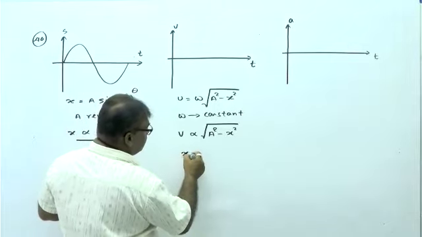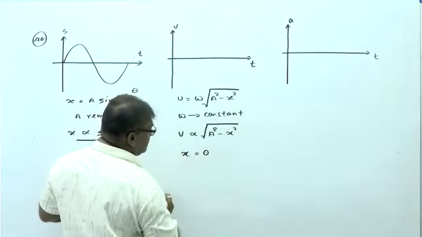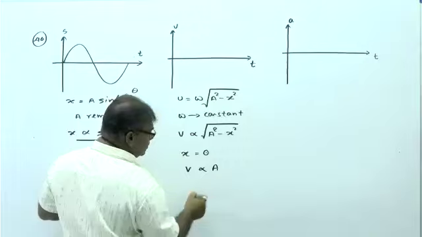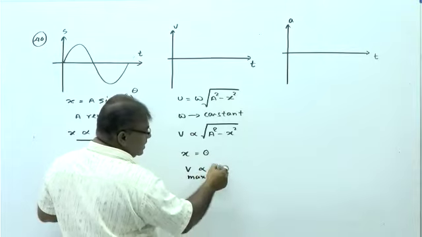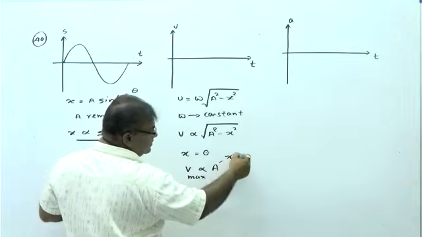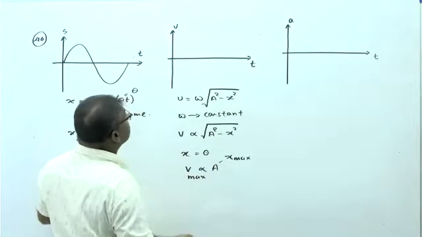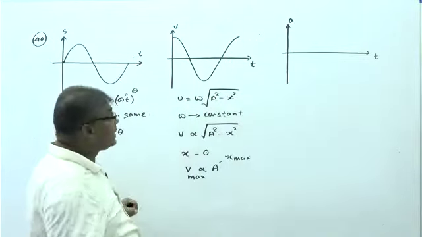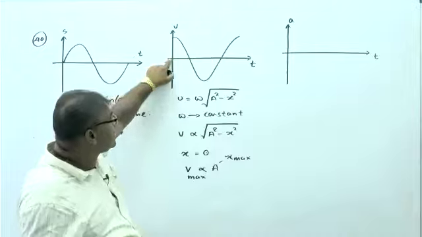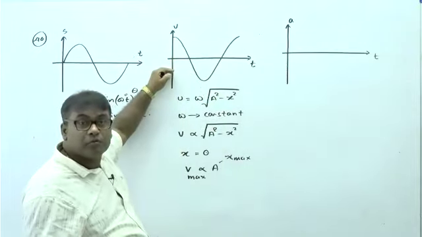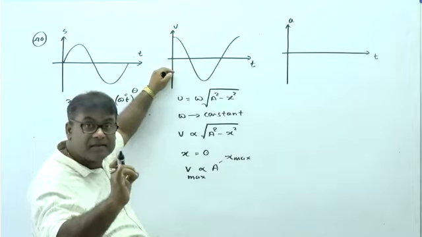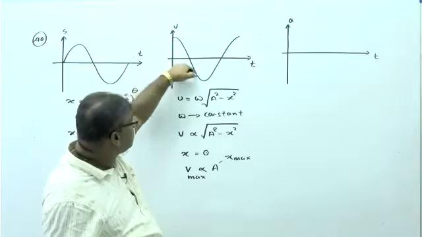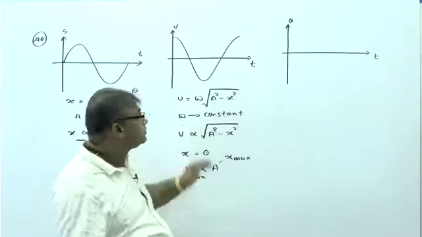When x is 0, at the center of oscillation, v is directly proportional to the amplitude, which means v becomes maximum, as A is the maximum displacement. Then the graph should be like this. At time 0, we assume the object is at the center of oscillation, with maximum velocity, and then here maximum in the opposite direction, and here done.